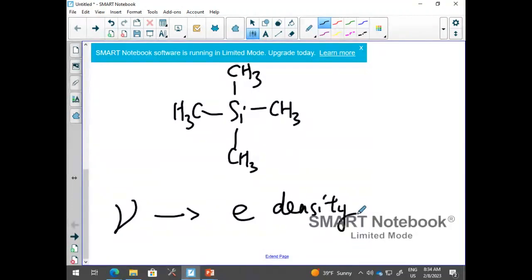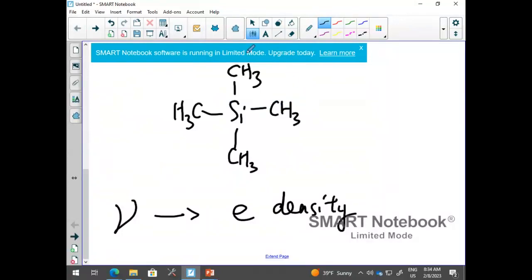For whatever reason, chemists pick a reference compound with the electron density of the protons extremely high. So why? What you see here is a total of 12 protons in a single compound, 12 of them.